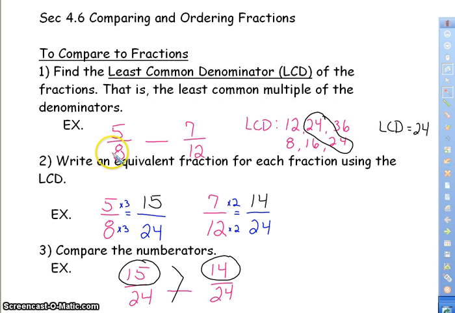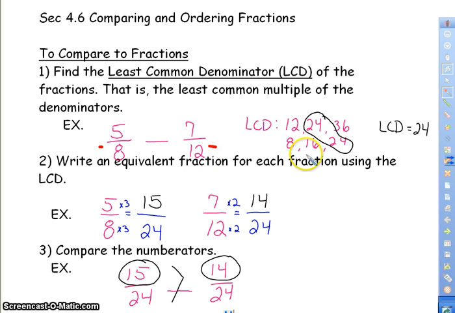If I name my multiples of 8, 8 times 1, which is 8, 8 times 2, which is 16, and 8 times 3, which is 24. So 24 is the LCD. It's the smallest common multiple of the two denominators.